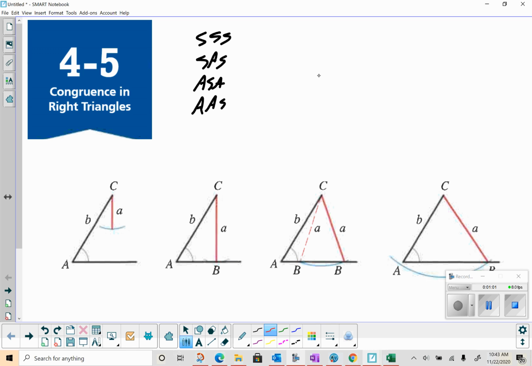With all of the ones that are legitimate, the ones that you've been using, given that information, there's only one shape and one size for a triangle. So no matter who draws it, if it's done accurately, you follow those same exact measurements, we're always going to get pairs of congruent triangles.